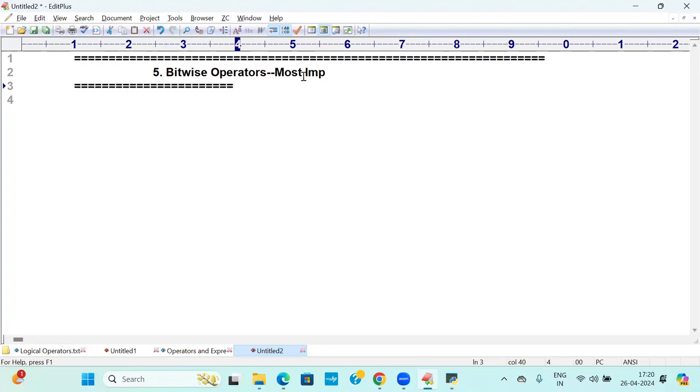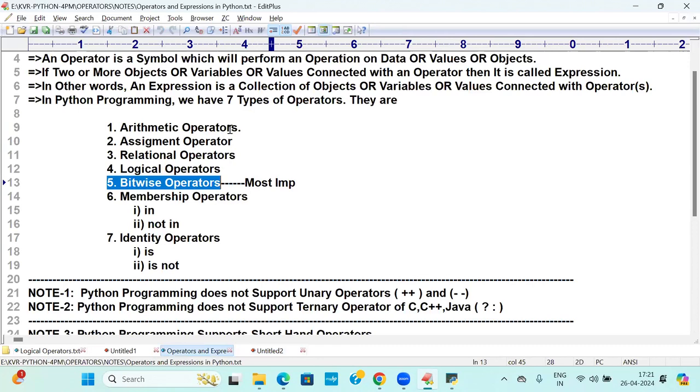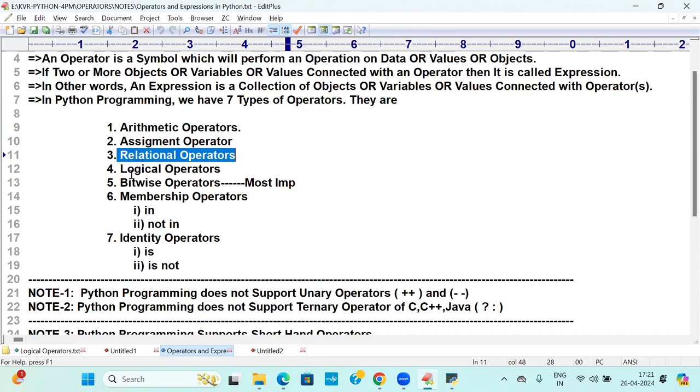Going to start with it, so carefully try to follow how these bitwise operators work. Still most important. See, operator to operator: arithmetic operators, you learned something new. Assignment operator, multi-line assignment. Relational operators, you understood. Logical operators, you understood. Bitwise operators, now I'm going to start.